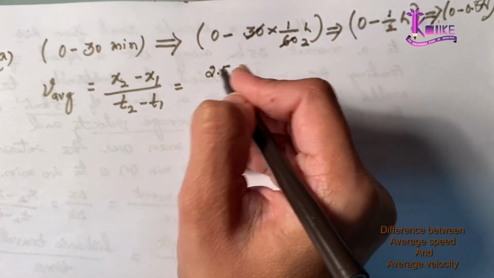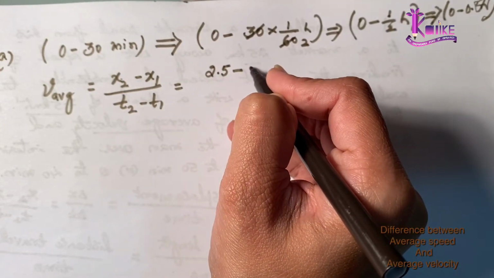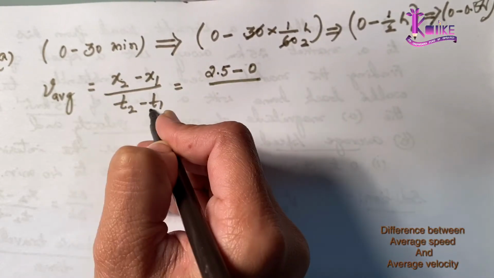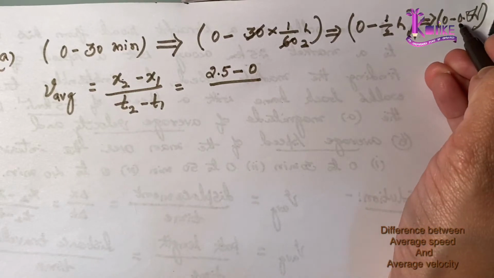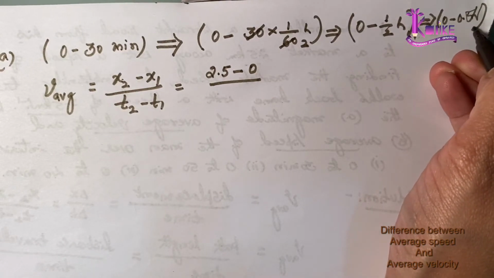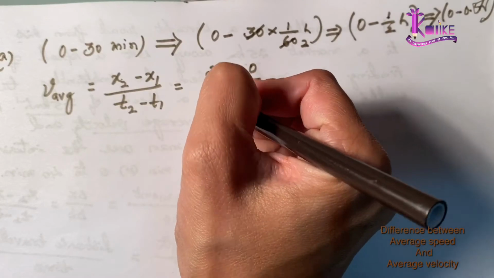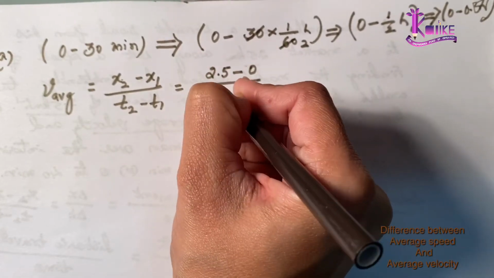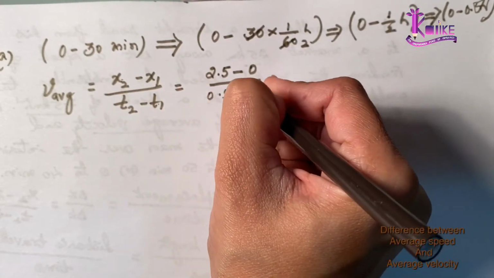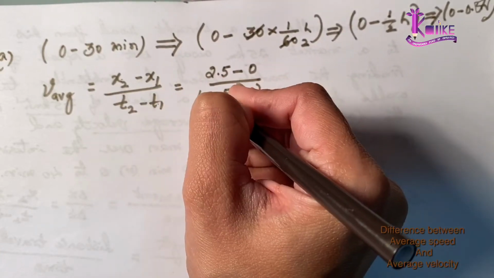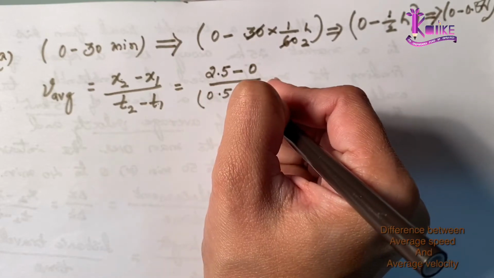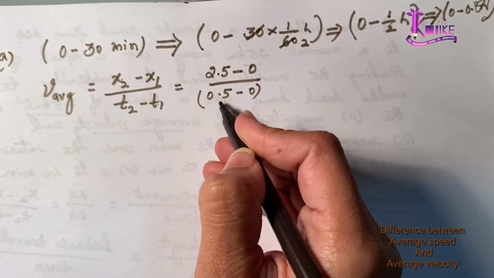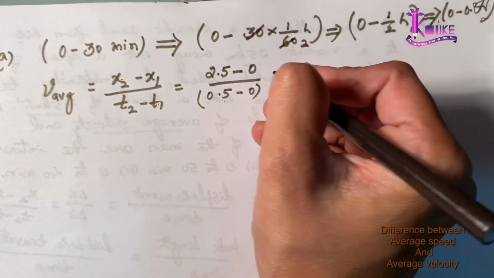Now if you take his home as the initial position, which is the origin, so that is 0 divided by the time interval. So we have to calculate it over a time interval of 0.5 hours. So I have to keep it in hours because this is in kilometer. So 0.5 minus time 0. So 0 to 30 minutes or 0.5 minus 0. So he takes 0.5 hour to reach 2.5 kilometers.